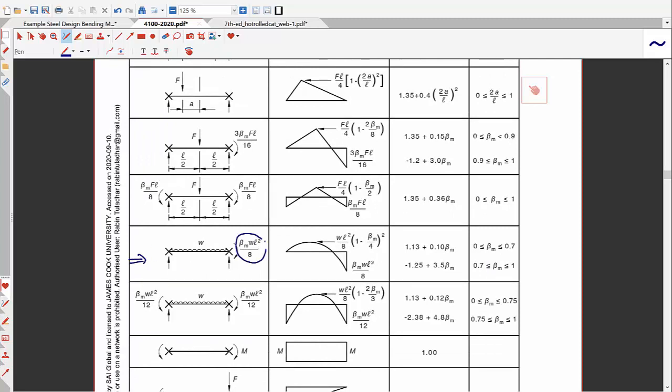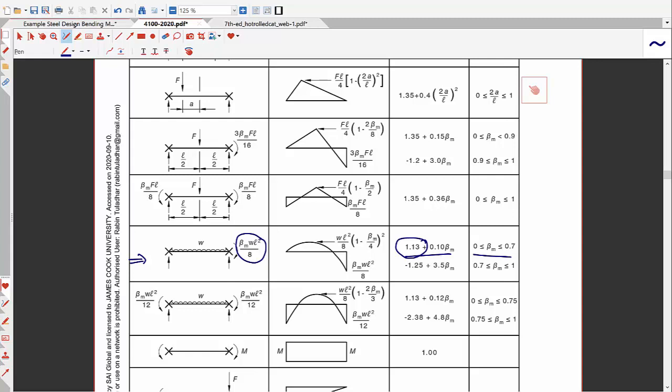So this parameter is 0. So this bending moment shape is very close to our case. We plug beta M equals 0 into this equation. Because there is no moment at the end, that means beta M is 0 in our case. So putting beta M equals 0, we get the alpha M factor as 1.13 in this equation.